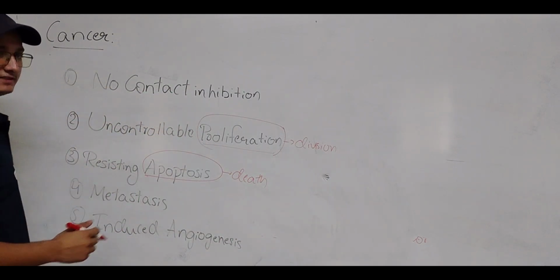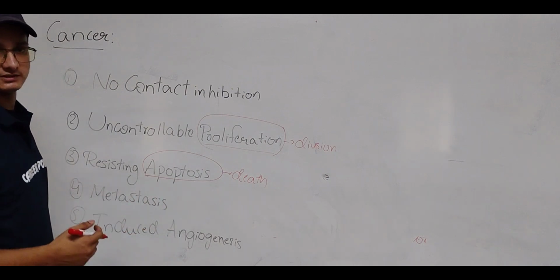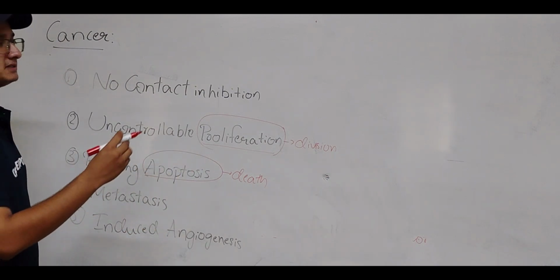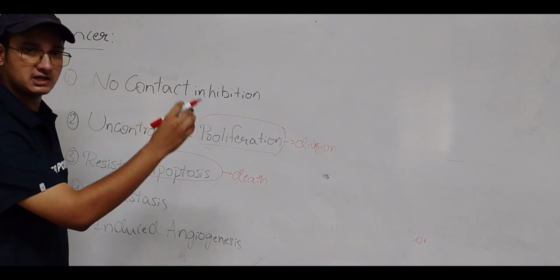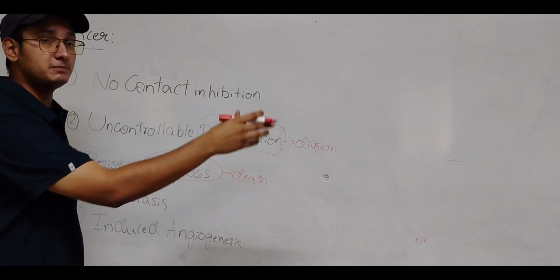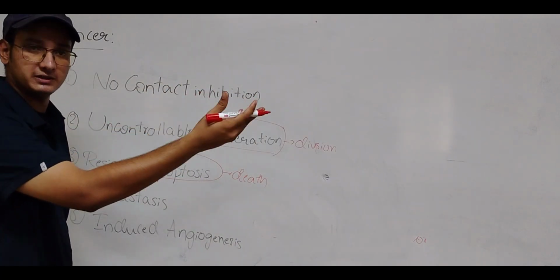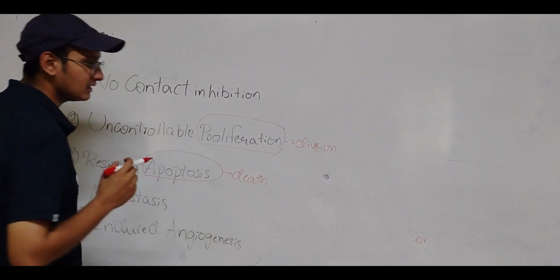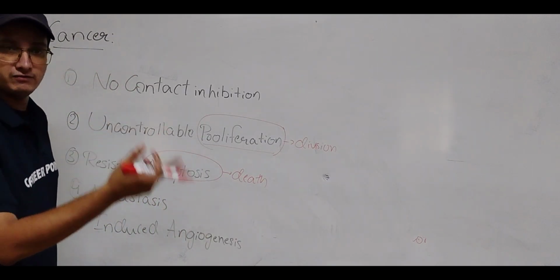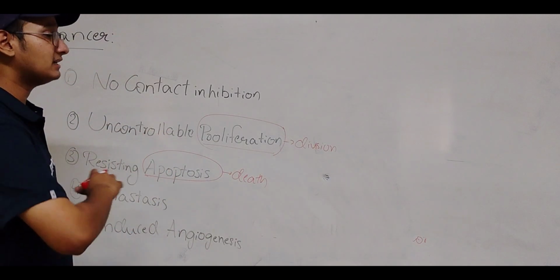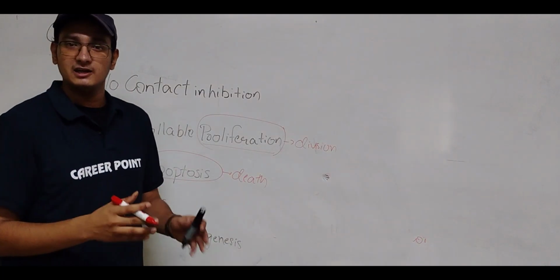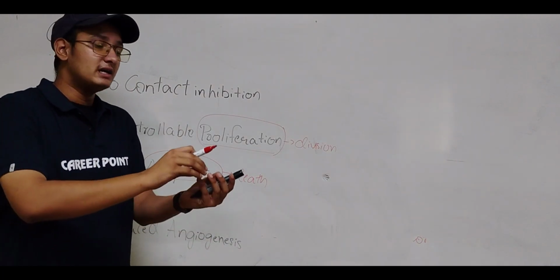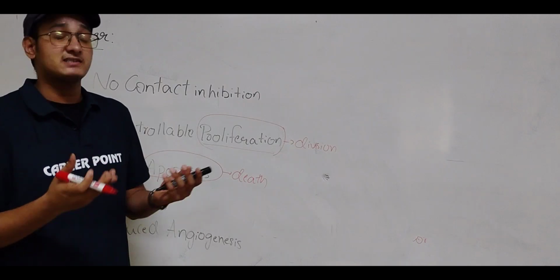And metastasis. Just now I have told you about this. Metastasis means there is a tumor at one place, and it travels to another place and forms another tumor. This is known as metastasis. And induced angiogenesis means formation of new blood vessels. So now there are more number of cells. Now they need oxygen and they need to transport excretory waste.